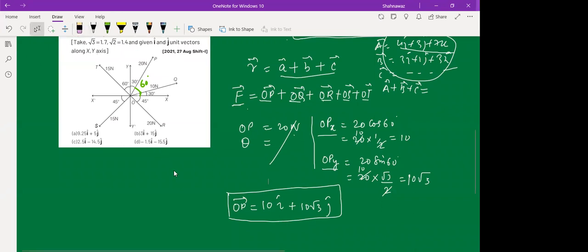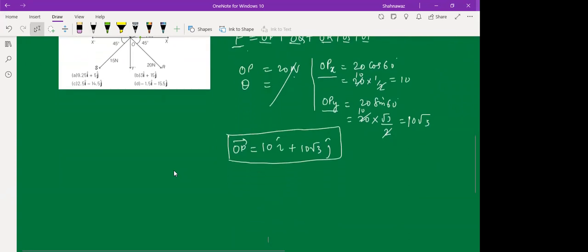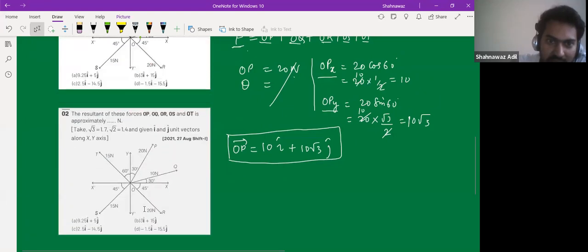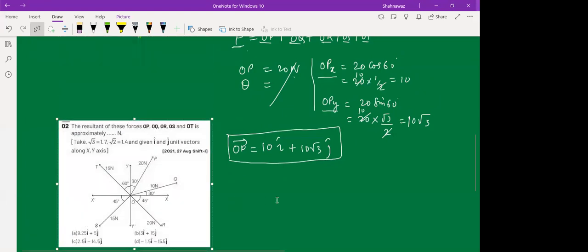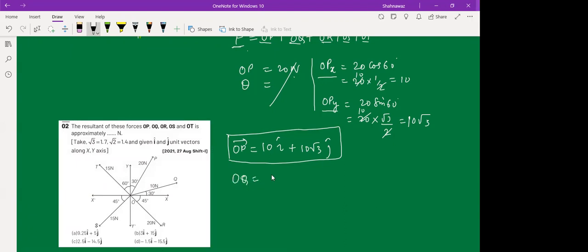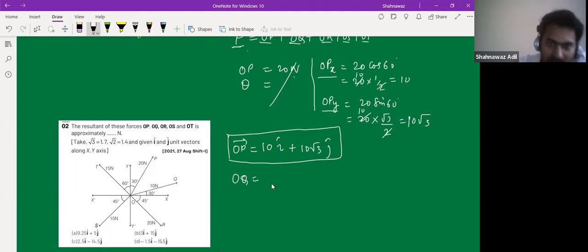So first we'll calculate the x component of OQ. Let's move this figure here. Where is OQ? So this is OQ. OQ is 10 Newton and theta is 30.